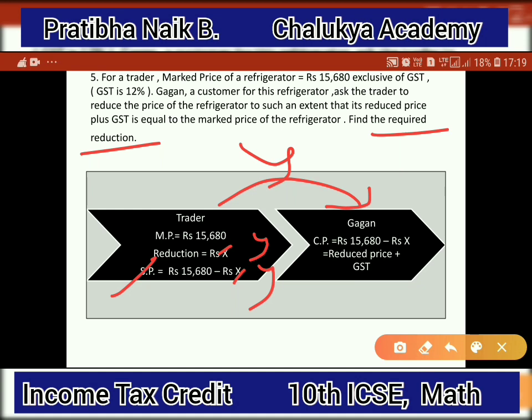So that will be the cost price for the customer. Okay, so what he wants is that his cost price should be equal to the reduced price plus GST applicable. So the cost price will be the reduced price, that is 15,680 minus y, plus the GST applicable, that is 12% of his cost price.